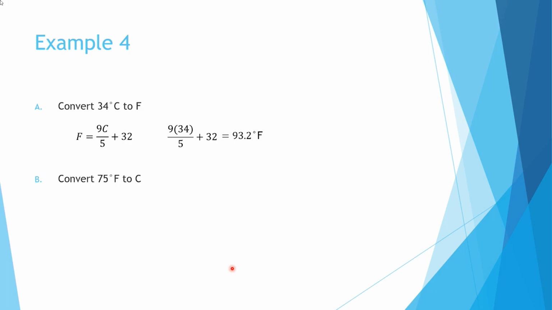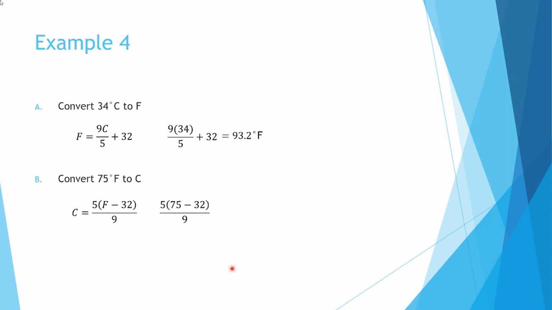So letter B, converting Fahrenheit to Celsius, you would use that second formula where you have C equals 5 times (F minus 32) all over 9.